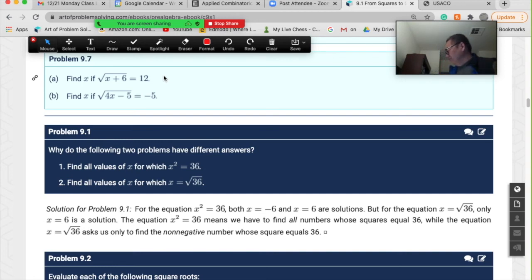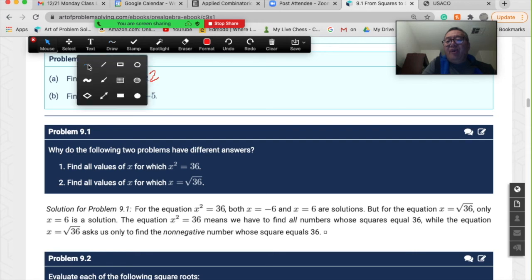Wait, so I got this answer, but it doesn't equal 12. It equals 144. So that means it equals 12 squared. Yeah, you need to square both sides.